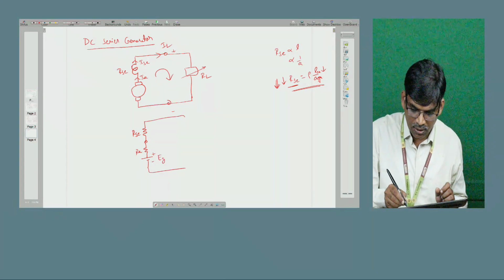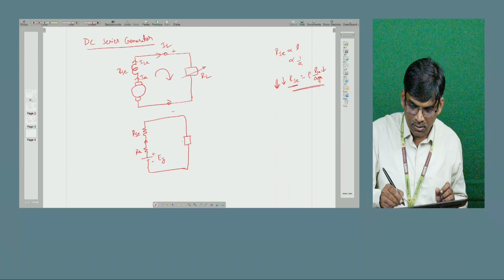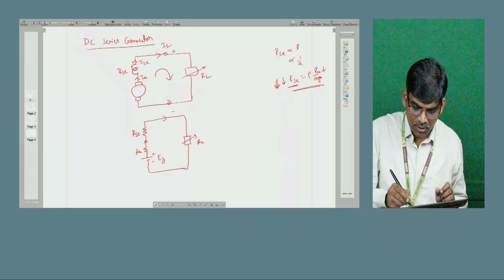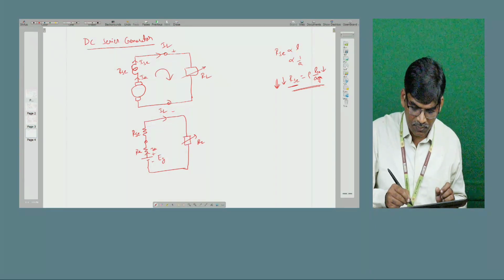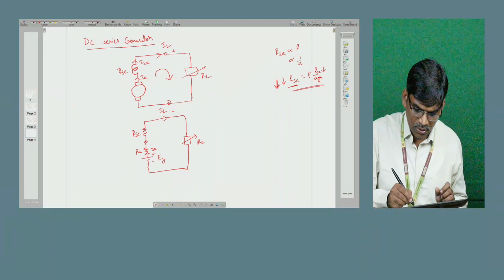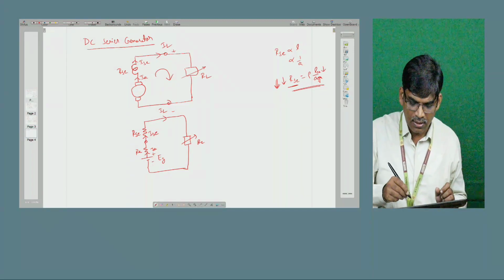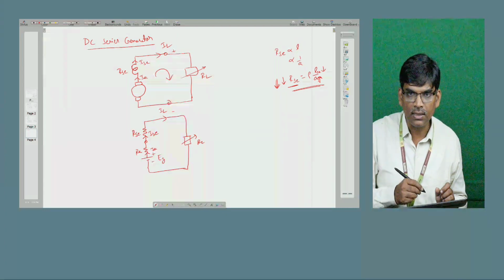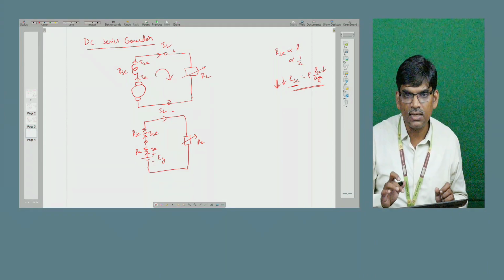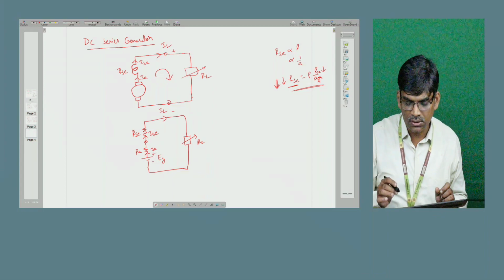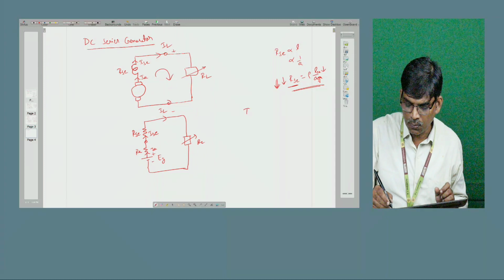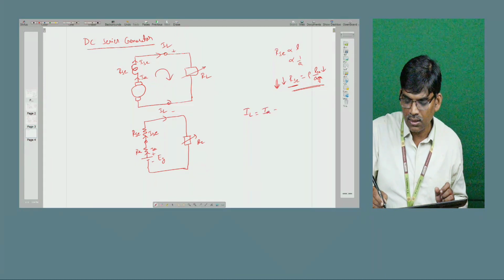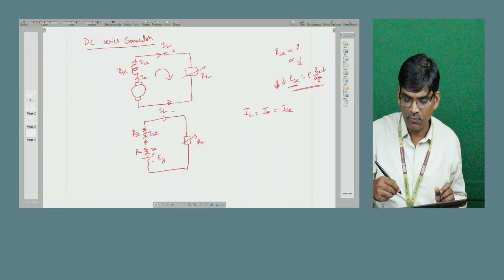These two are connected to the load resistance RL. The current passing through the armature winding is called IA, the current passing through the field winding is called ISC, and the current passing through the load is called IL. In a series generator only one loop and one path is there, so only one current is available. That's why load current equals armature current equals field current.